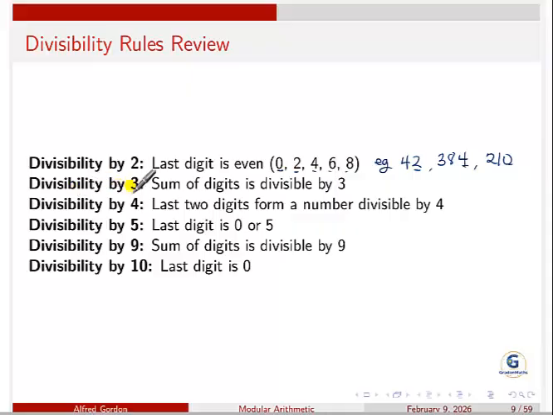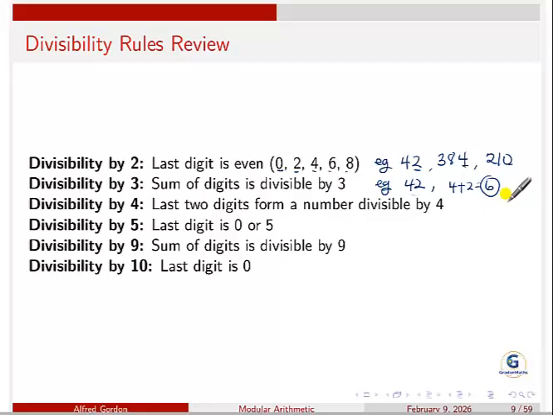Another is divisibility by 3. If the sum of digits is divisible by 3, then the number is divisible by 3. For example, take 42. 4 plus 2 is 6, and this 6 is a multiple of 3, so 42 is divisible by 3.